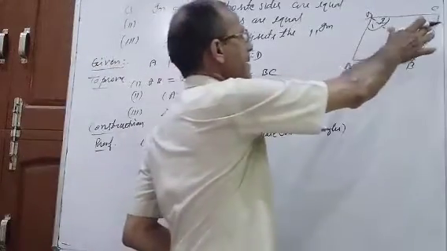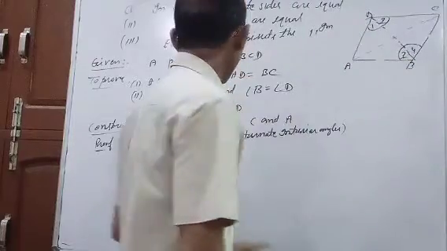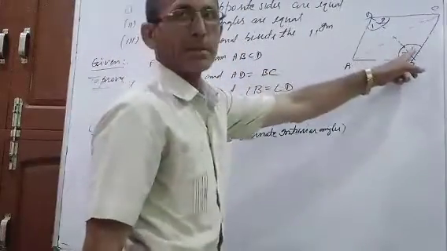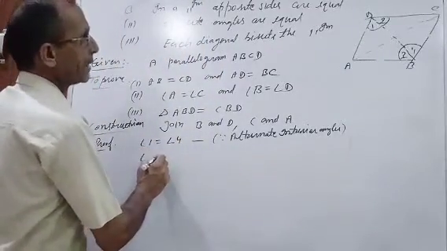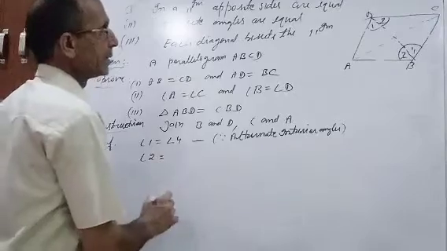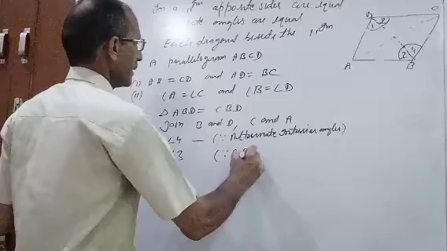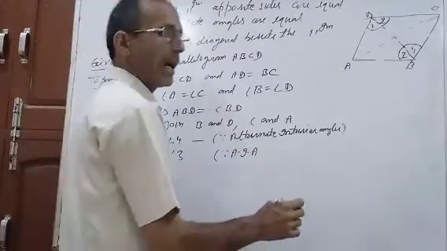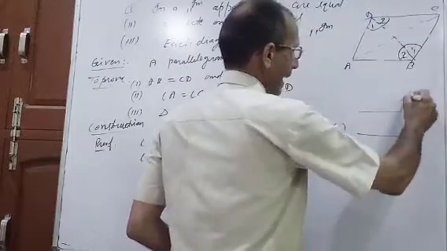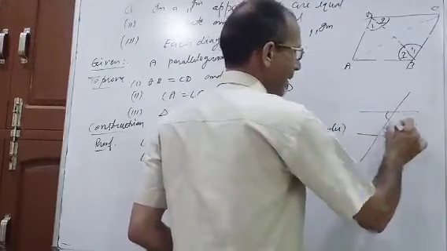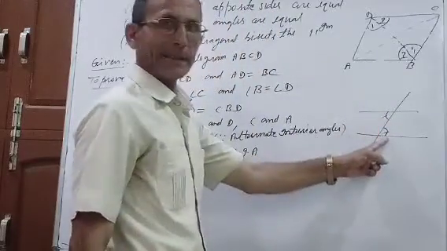If two parallel lines are intersected by a transversal, then alternate interior angles are equal. Angle 1 is equal to angle 4 and angle 2 is equal to angle 3, same reason, alternate interior angles. So these are alternate interior angles.